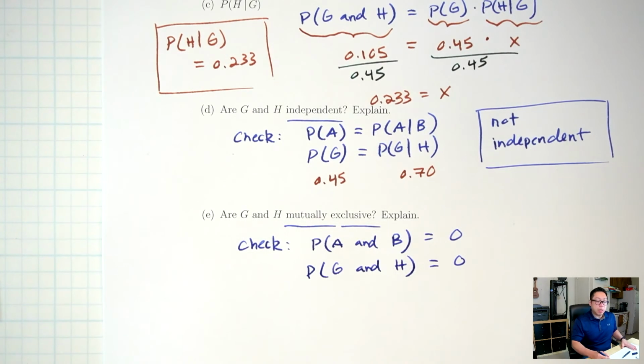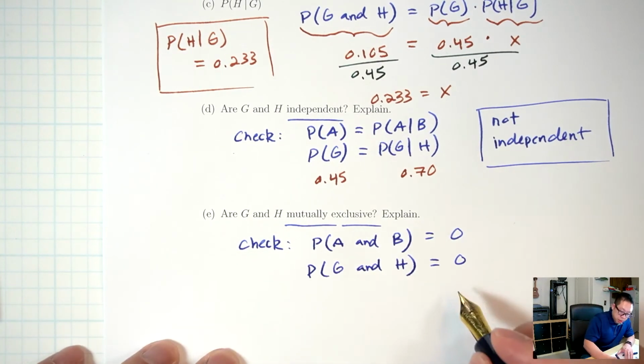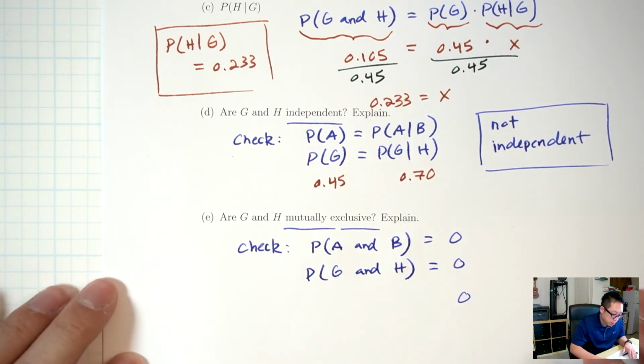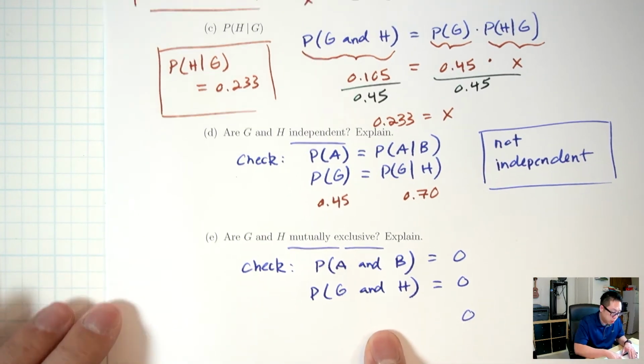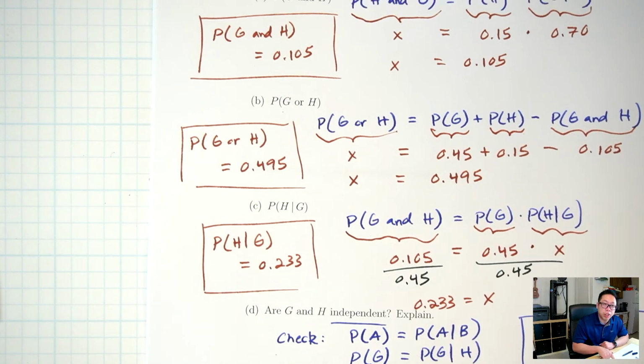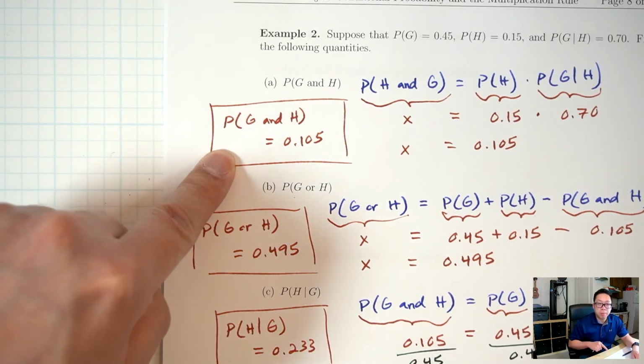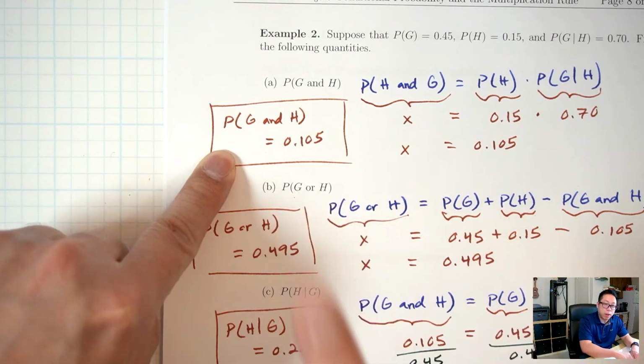And then check left side, check right side. Right side's easy, it's just 0. Left side, probability of G and H. We probably did that already somewhere. Where do I have G and H? Right there. So G and H is 0.105.